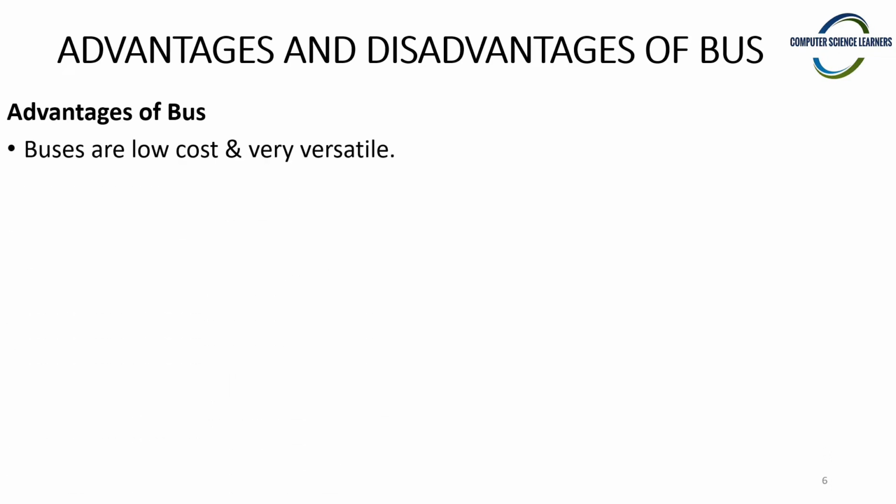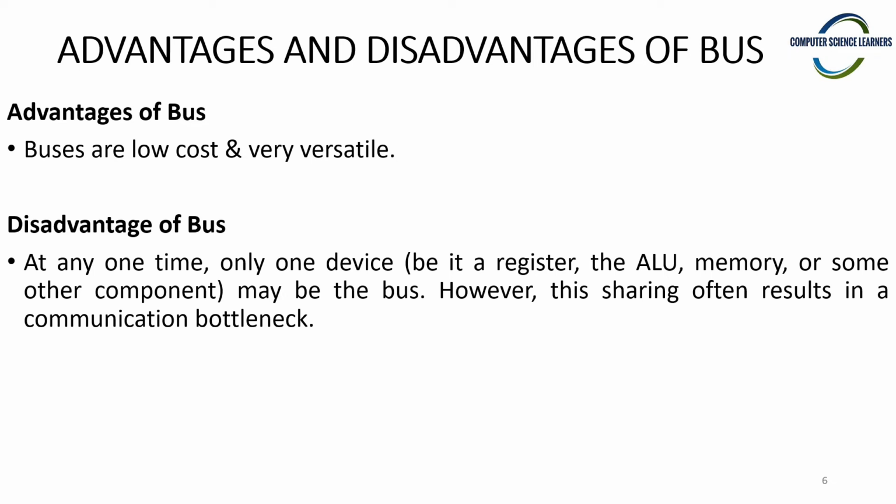Now, what are the advantages of having a bus? Obviously these are low cost and very versatile. And when we talk about the disadvantages, there may be multiple limitations. At any one time, only one device can use the bus. So if it is a shared bus, then only one device can communicate at a particular time, or you can say within a particular clock cycle, right?